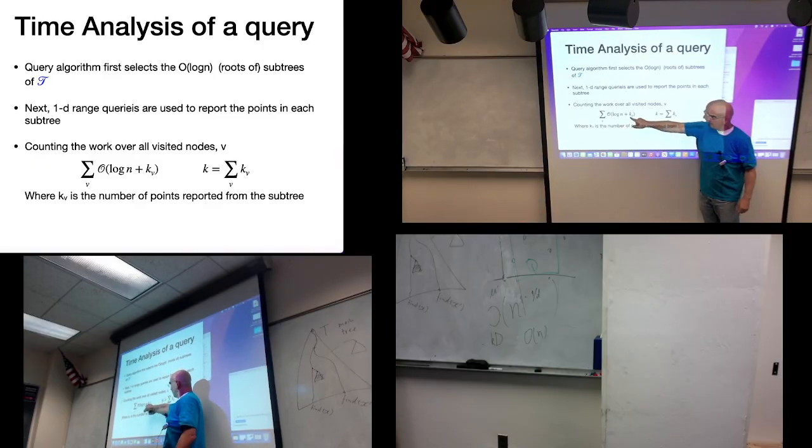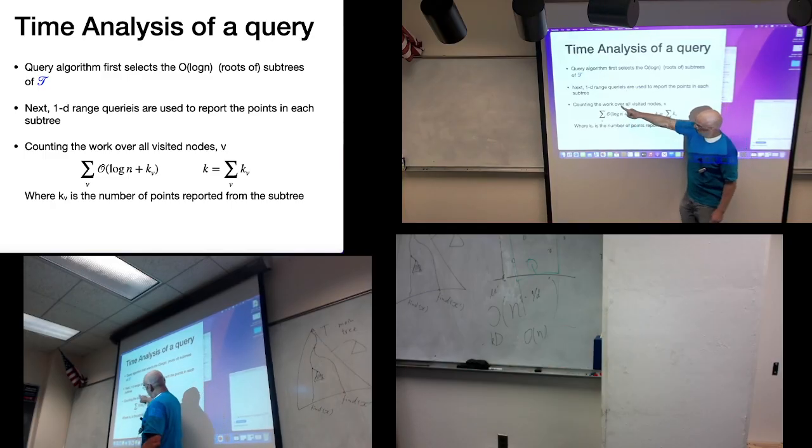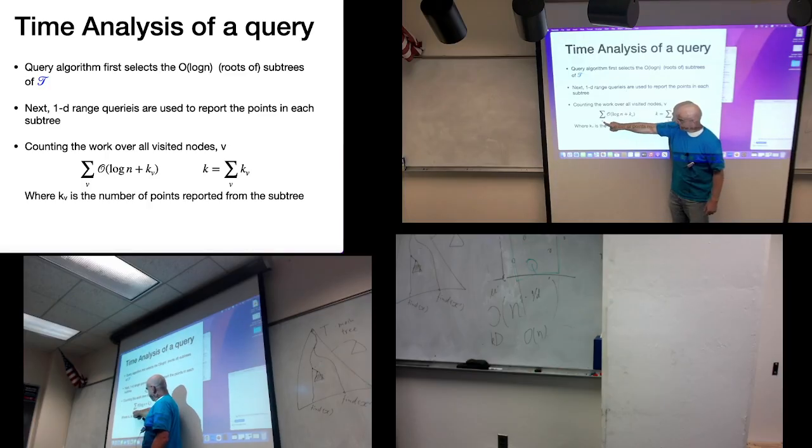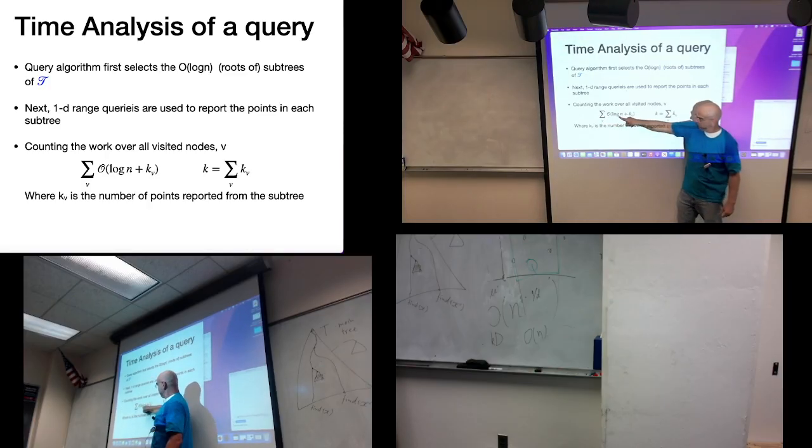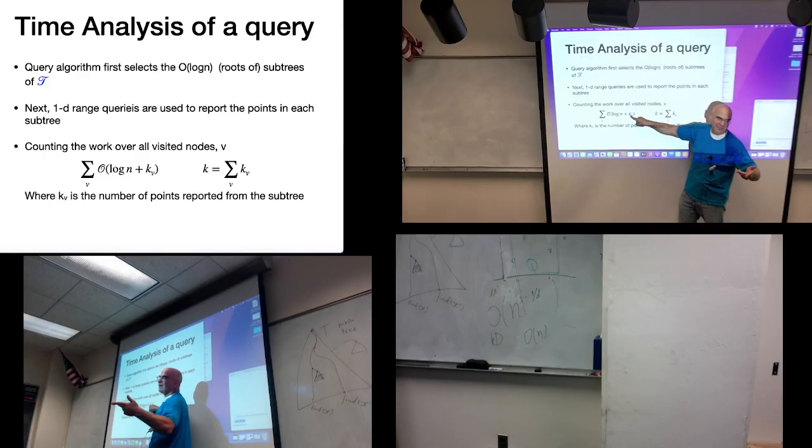How much time are we spending for the query? For every node v inside the range, we are spending log n time for the search in the Y value, plus k of v, which is how many points I squeeze from the subtrees that are relevant. Maybe from one subtree there are a lot, from another subtree there are fewer.